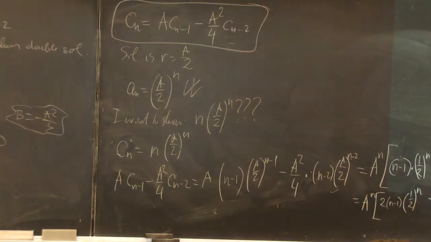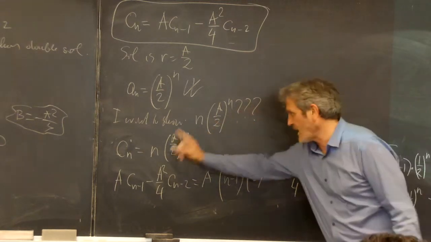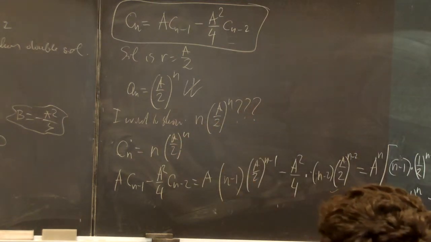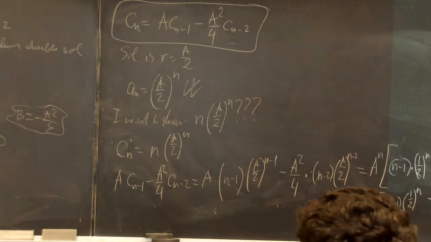So what do we get now? Pull out 1/2 to the n, so we get a half to the n. Who's left? 2(n minus 1) minus (n minus 2) plus n minus 2. 2n minus n is n. Voila. So it's n times a half to the n.